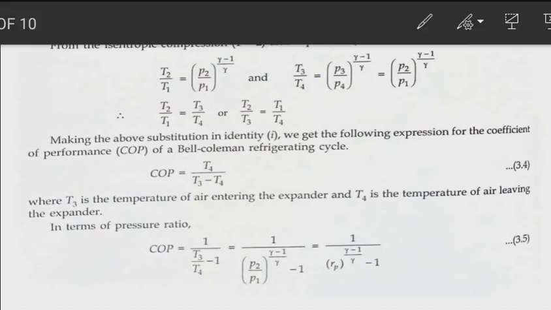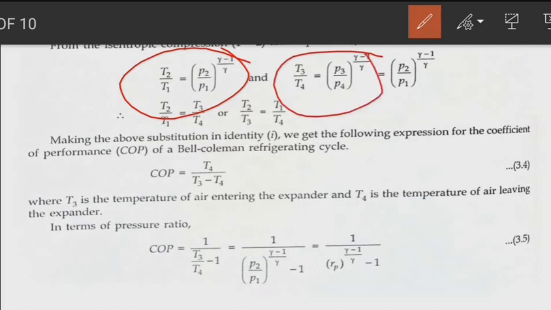So T2 by T1 in terms of pressure is (P2 by P1) raised to (gamma minus 1) by gamma, and T3 by T4 is (P3 divided by P4) all raised to (gamma minus 1) divided by gamma.